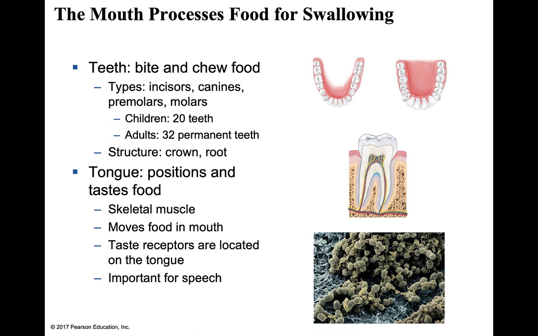And the tongue plays an important role also, that skeletal muscle. And what it's going to do is position and move food around. Previously, in the sensory nervous system, we talked about the taste receptors or taste buds, which are located on the tongue. And then also the tongue plays an important role for speech, making sure that certain sounds are produced correctly.